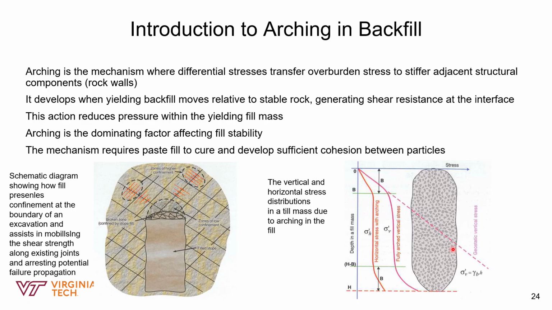Now you notice how the solid line is significantly lower than the dotted line. So that gap between the solid and the broken line represents the load that has been successfully transferred to the rock walls.